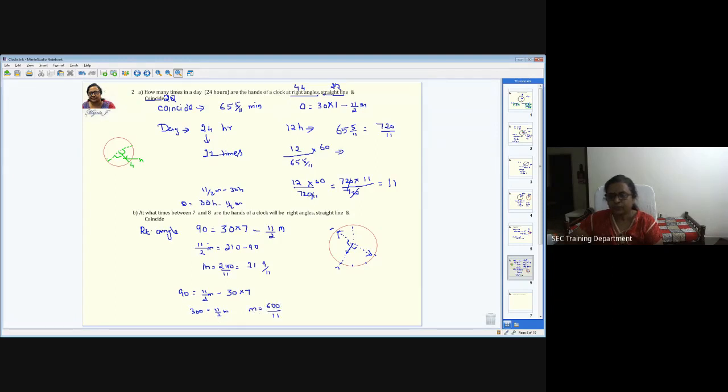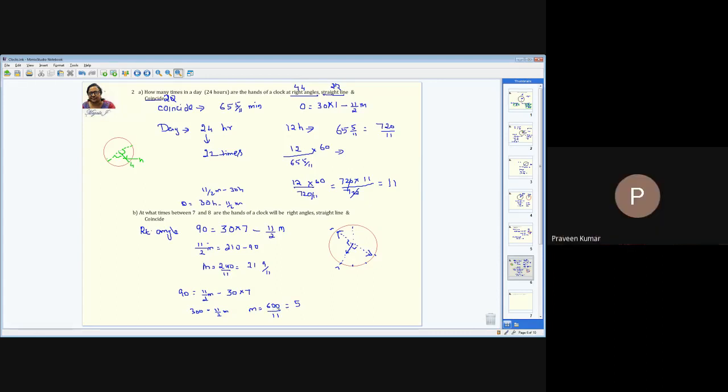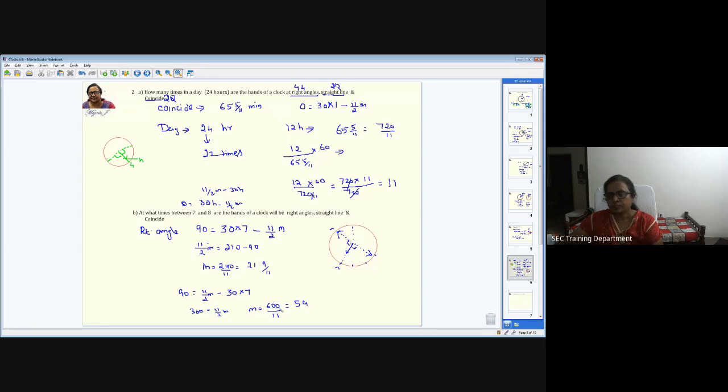What is 600 by 11? 5 times 11 is 55, so 54, then 54 and 6 by 11. This time is 54 and 6 by 11. The other time was 21 and 9 by 11. So at 7:21 and a bit you get 90 degrees, and at 7:54 and a bit again you get 90 degrees.